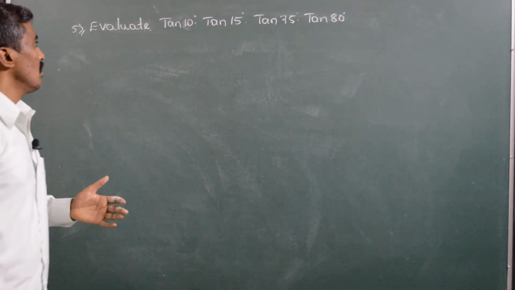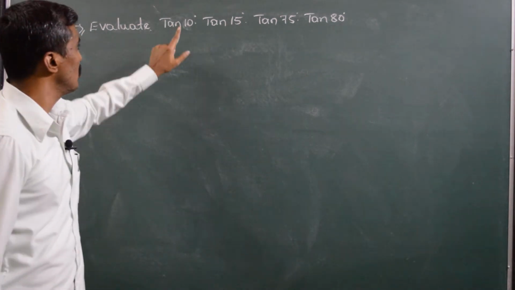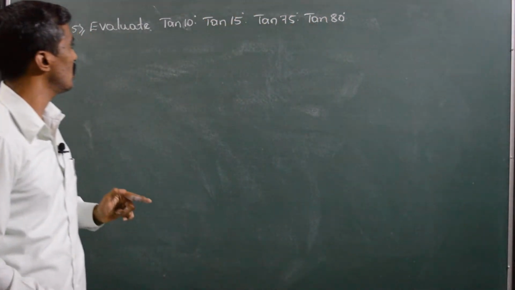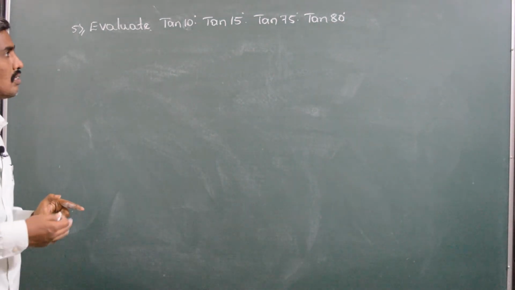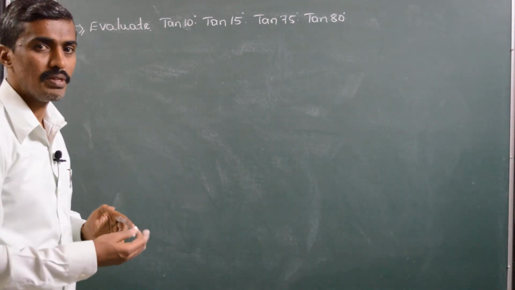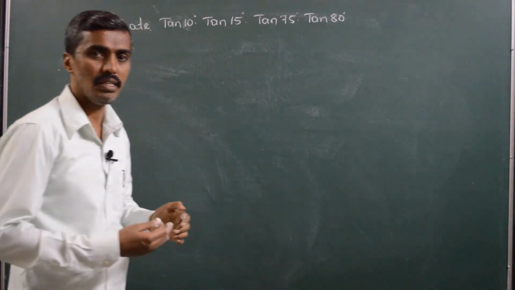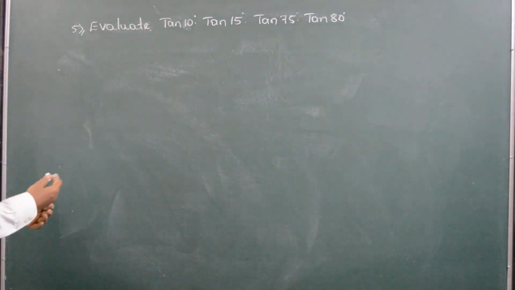Okay, here if you observe 10 degree and at the last 80 degree, does any relation between 10 and 80 degree? Yes, they are complementary to each other. Similarly 15 and 75 degree, the sum is 90 degree, therefore they are complementary to each other.